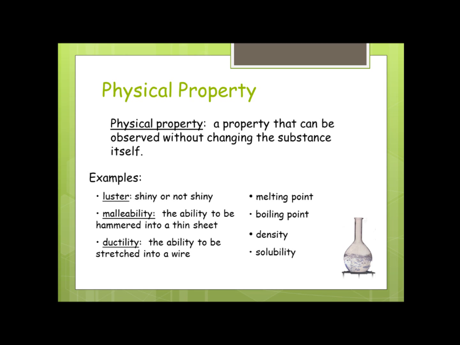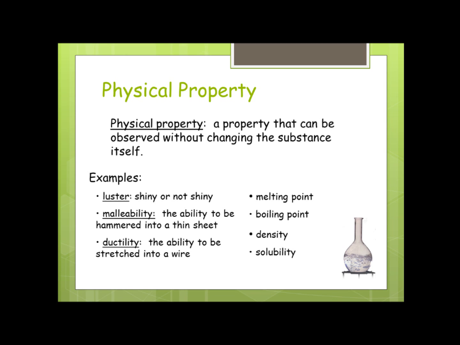Okay? Now, ductility is another one, which is the ability to be stretched into a wire. So there are things that are ductile and things that are not ductile. All right? And that's a physical property because even if you stretch it into a wire, it doesn't change what the object is. All right? It's still the same object.